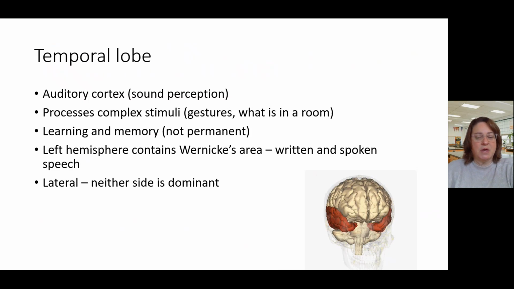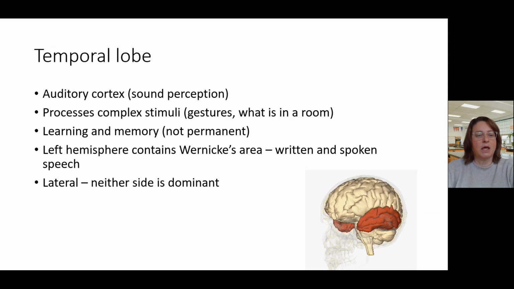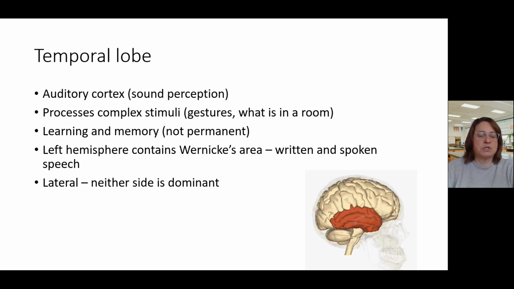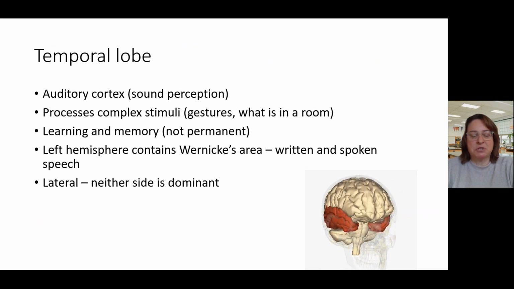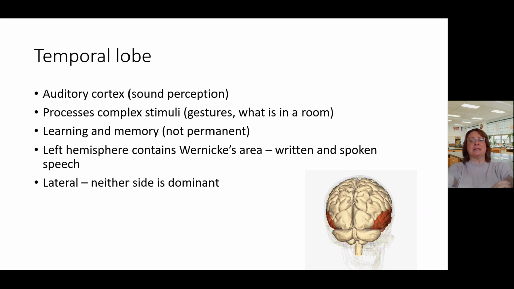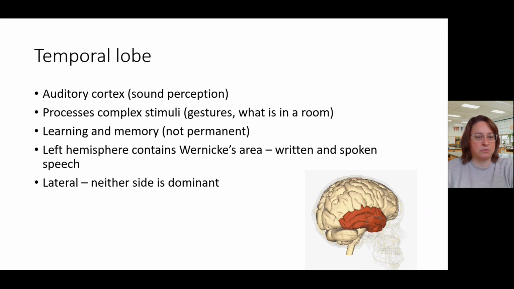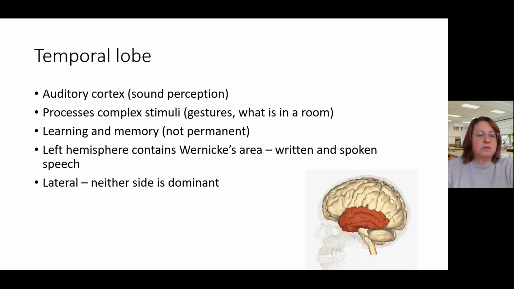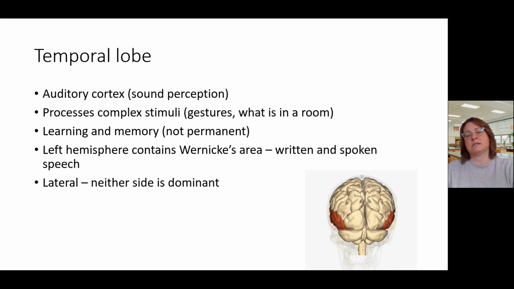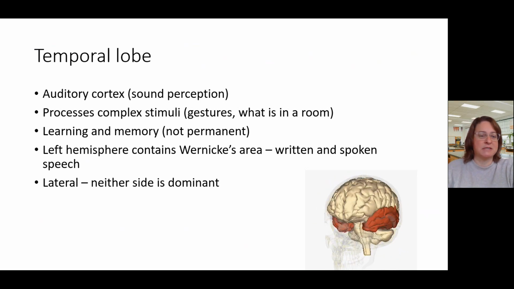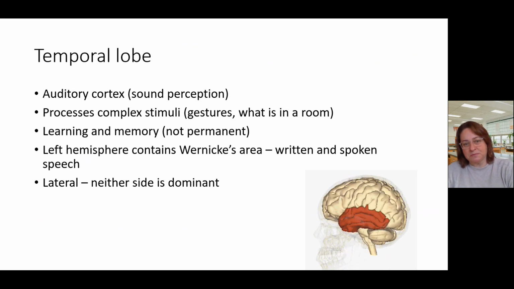So that's the frontal lobe. You also have the temporal lobes sitting on the sides. Your auditory cortex is in there. I'm being specific there: this is sound perception, but not yet making meaning of those sounds. This is just where the sound information is coming in from the auditory nerve. You also have the processing of something slightly more complex, as in objects in a room, gestures of somebody's face and gestures with their hands, learning and memory, but not yet the permanent part.